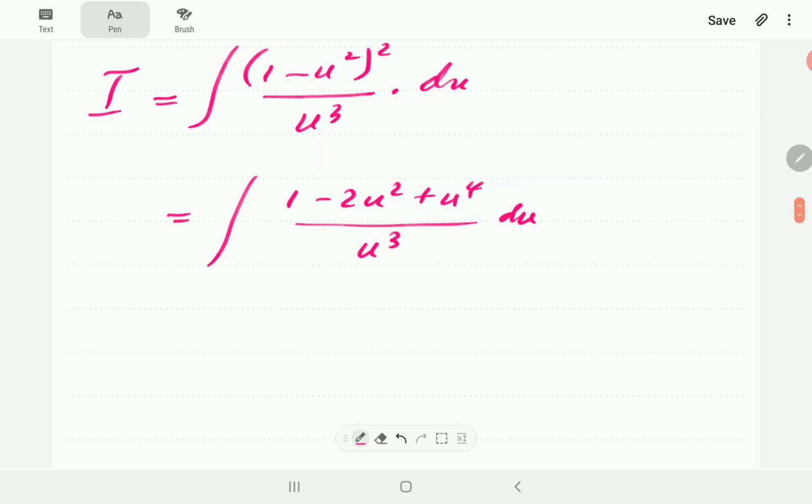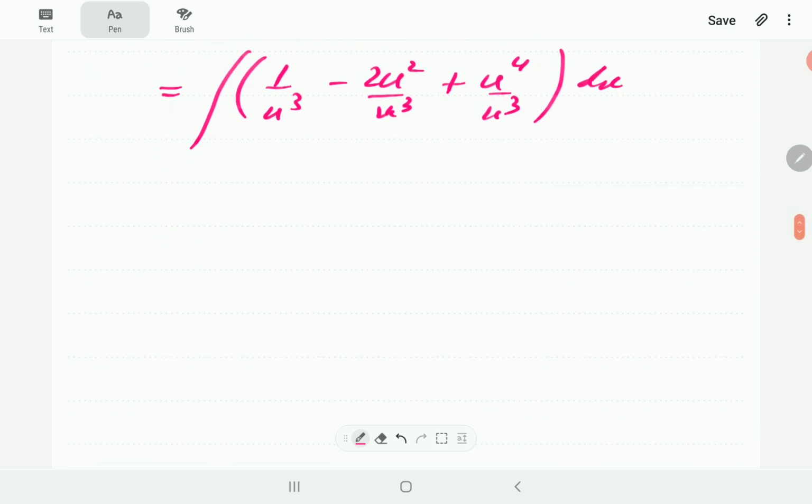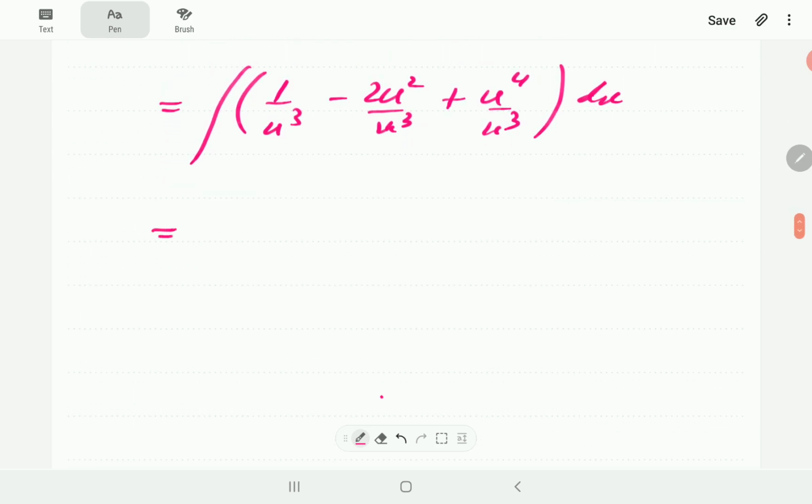So what we want to do here is to use the distributive property of division and divide each of these terms by u cubed. So this is the situation we're going to have, and then we're going to integrate them term by term. So in the first instance, we've got u to the power minus 3.